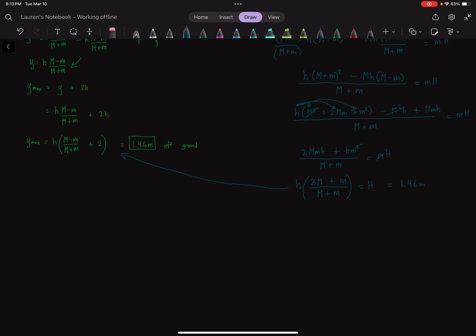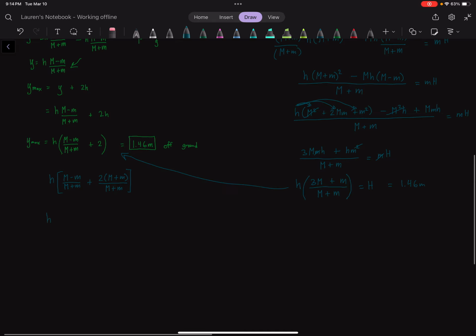So we have here h times big M minus little m over big M plus little m. And then we have plus 2. So plus, let's get a common denominator. So 2 big M plus little m over big M plus little m. Let's do this. Okay, so now we have common denominator.